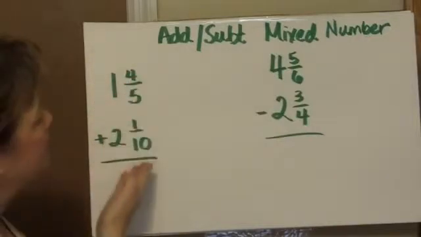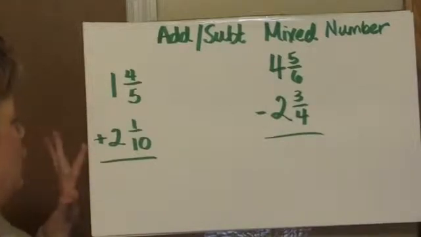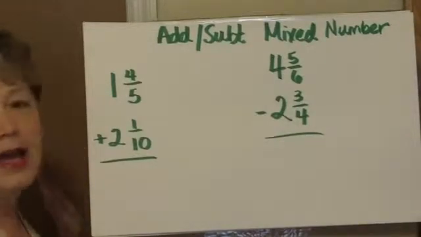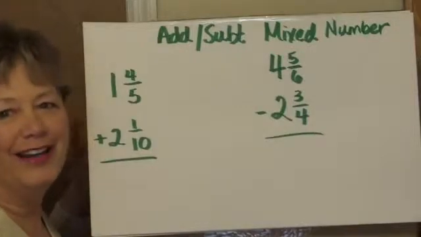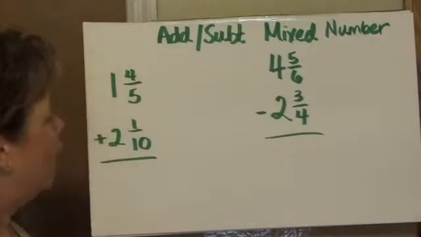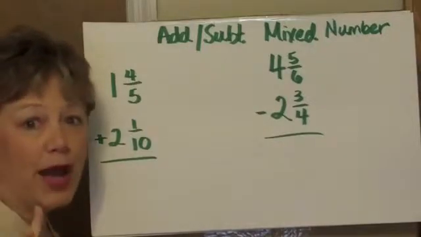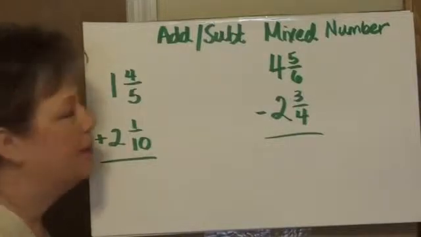So we're going to look at this problem: 1 4/5 plus 2 1/10. Now I hope that you are brilliantly thinking already, I need a common denominator. Because when you add, subtract, or compare fractions, you must have a common denominator.